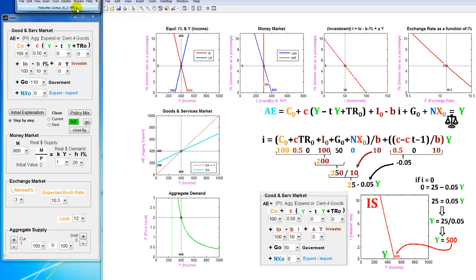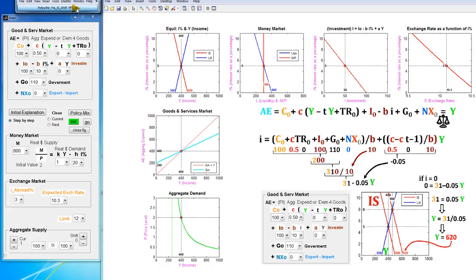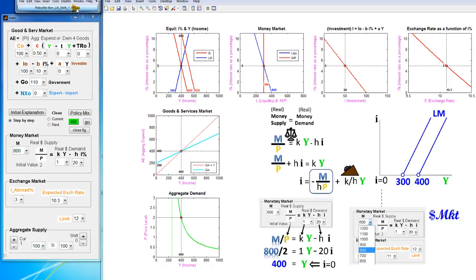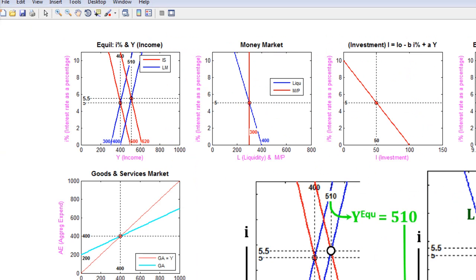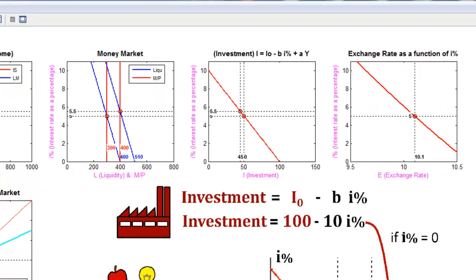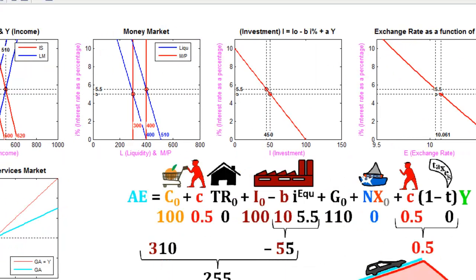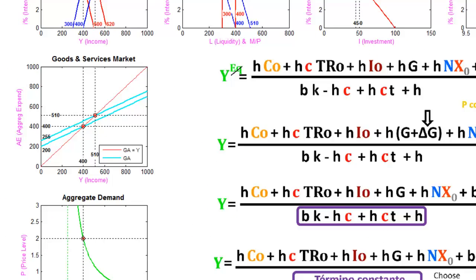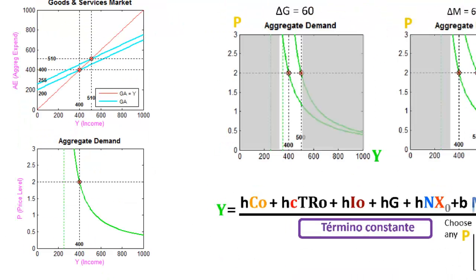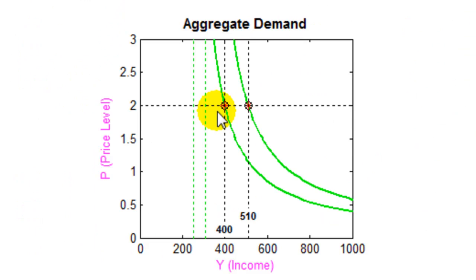In the previous video we have seen all of this effect: investment, exchange rate, goods and services market, aggregate demand, and we reached this point where the economy went from this point to this point. Now we are going to go on from this situation.